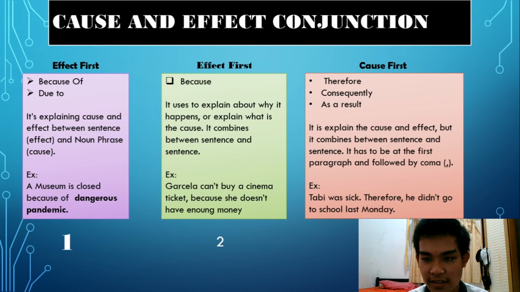And the last is therefore, consequently, and as a result. Same like because, it is explaining cause and effect, and it is combining a sentence and a sentence, but it has to be at the beginning of the second sentence and followed by a comma, such as for example, Tabi was sick. Therefore, comma, he didn't go to school last Monday.